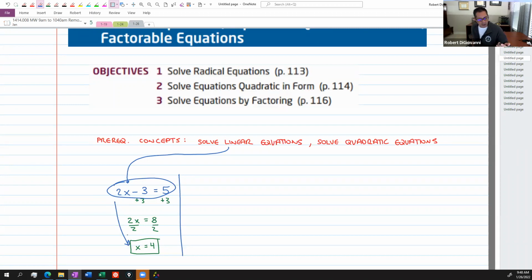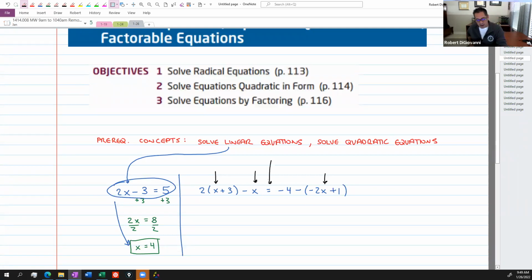Here's a more difficult linear equation. How about 2 times (x plus 3) minus x equals negative 4 minus (2x plus 1). Now, that's a more complicated linear equation, but it's still linear in the sense that all the x's I see are raised to the first power. None of them are squared, and there are no square roots.